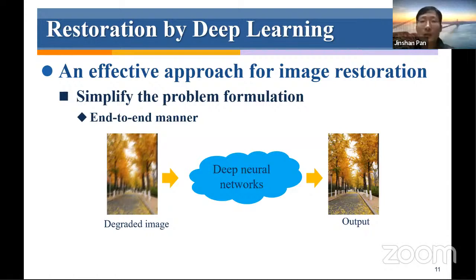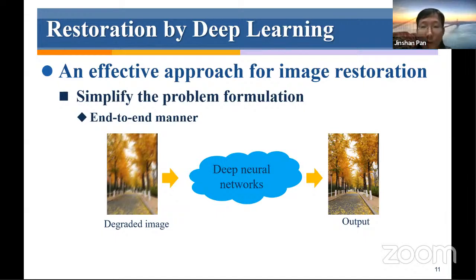And in recent years, deep learning has been applied to image restoration and provides an effective way to solve this problem. It plays a dominant role in recent restoration tasks.